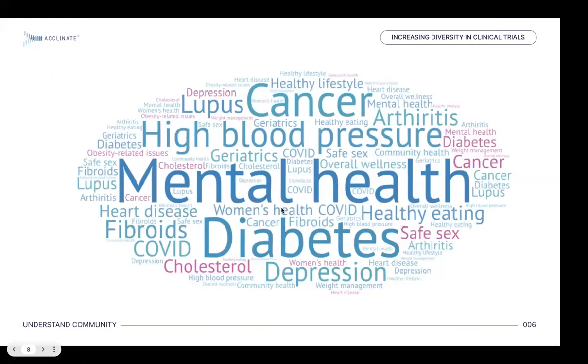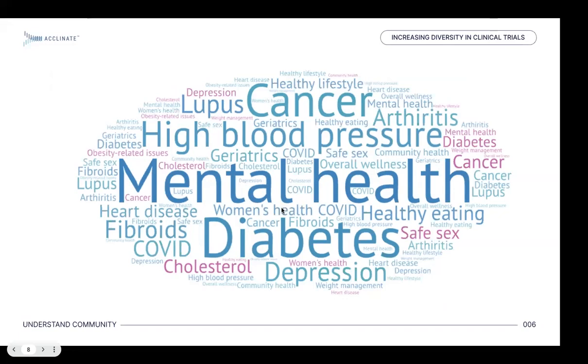And I know depending on what kind of screen you have, you may not be able to see all the words in this word map, but I think what's important here is that the themes that started to emerge from us asking community members what it is that was important to them were around diabetes, mental health, high blood pressure or hypertension. Those are health topics that continue to come up.